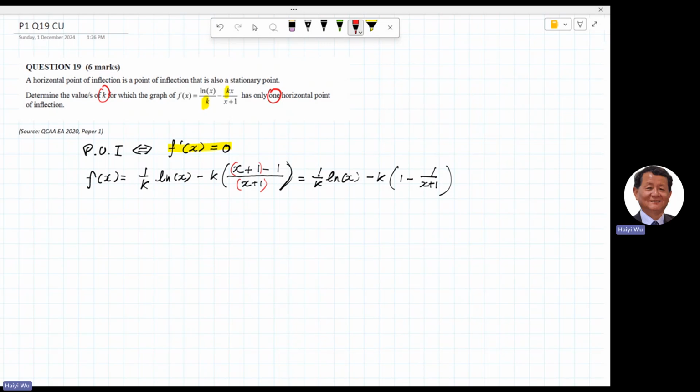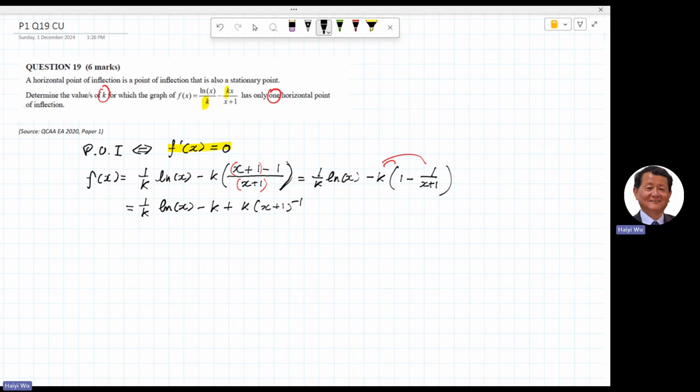All right, so now we expand the brackets: 1 over K log x minus K, negative negative, plus K times (x plus 1) to the power of negative 1.